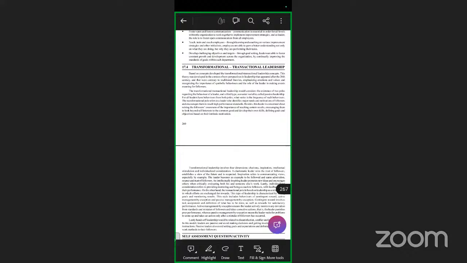Transformational leadership is a model that considers the existence of two poles regarding the behavior of a leader. The third type is a variable called passive leadership.